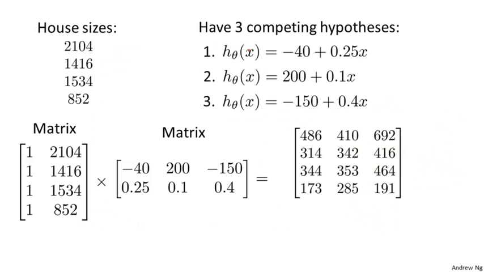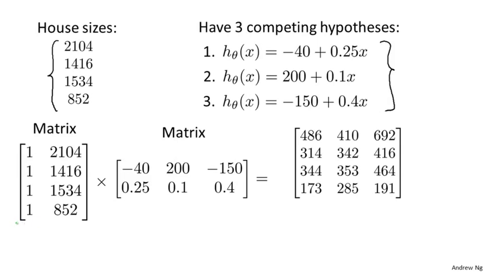Finally, let me show you one more neat trick that you can do with matrix-matrix multiplication. Let's say as before that we have 4 houses whose prices we want to predict. Only now we have 3 competing hypotheses shown here on the right. If you want to apply all 3 competing hypotheses to all 4 of your houses, you can do that very efficiently using a matrix-matrix multiplication.